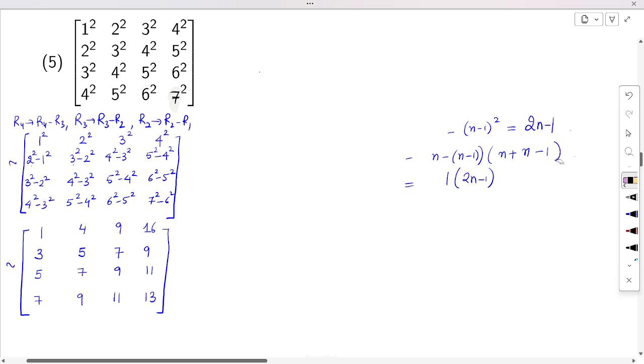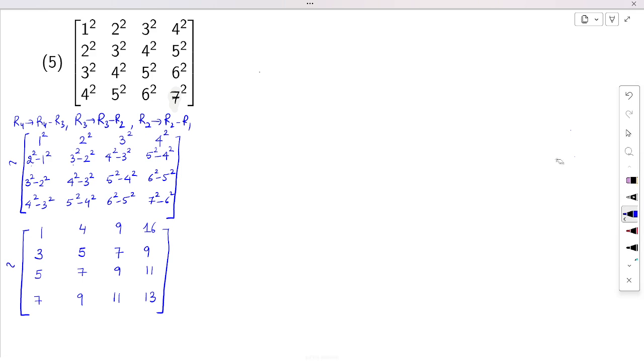Now let us proceed like we have done in the previous problems.